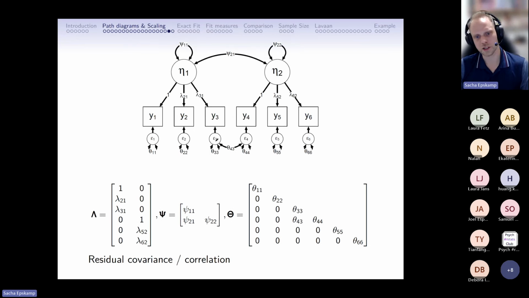And yeah, we can do other things. So for example, we can add a residual correlation. So here, that basically means that I'm adding a covariance here. What does that mean? It means that I assume that these 2 items, y3 and y4, are correlating more than what I expect due to the latent variables alone.